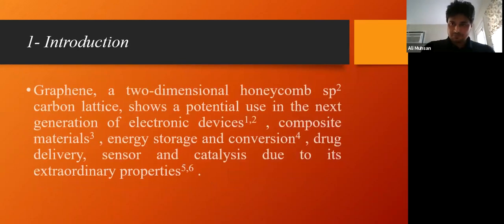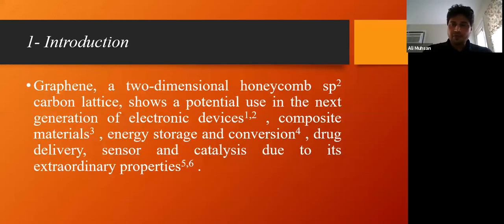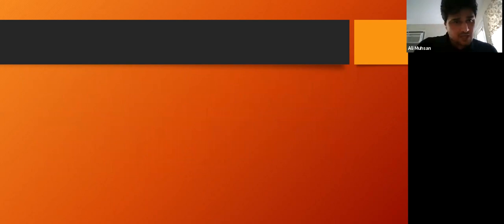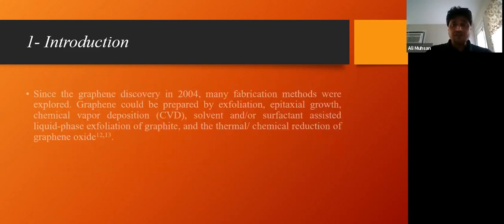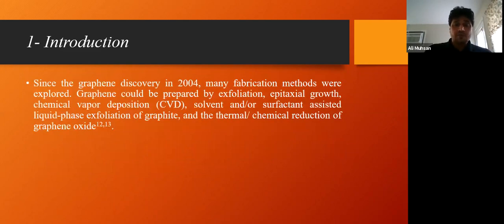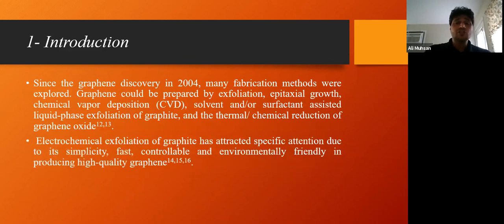Graphene, a two-dimensional honeycomb sp2 carbon lattice, shows potential use in the next generation of electronic devices, composite material, energy storage and conversion, drug delivery, sensors, and catalysis due to the extraordinary properties of graphene or graphene oxide. Since the graphene discovery in 2004, many fabrication methods were explored.